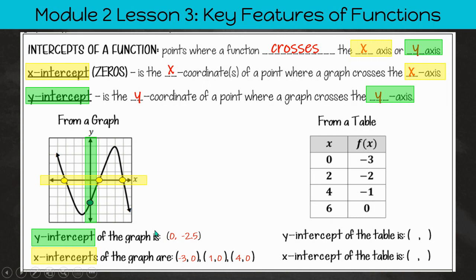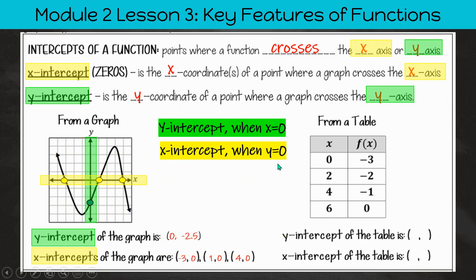Now you should notice something: when we have our y-intercept, our x is equal to 0, and when we have our x-intercepts, our y is equal to 0. This will always be true. Our y-intercept will always have x equal to 0, and our x-intercept is always when y is equal to 0.